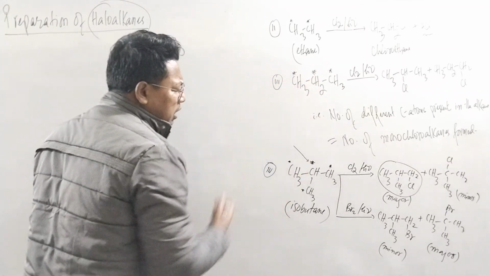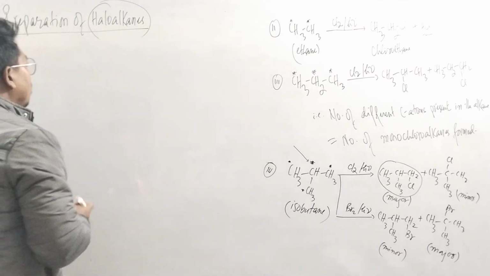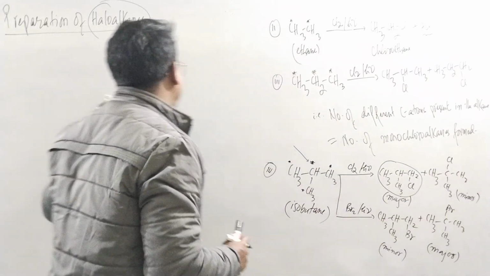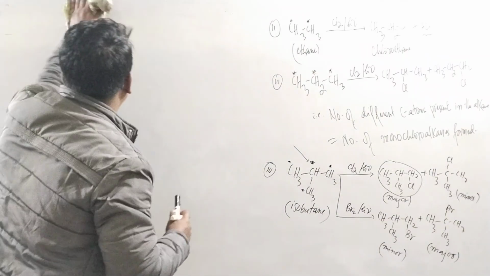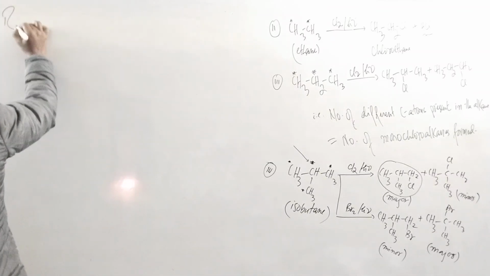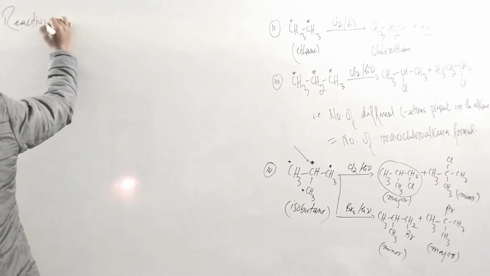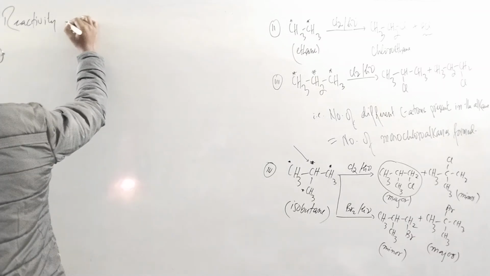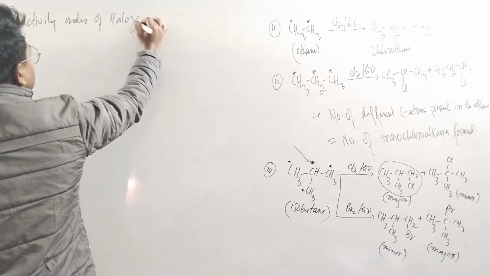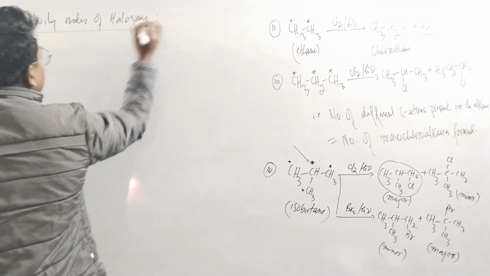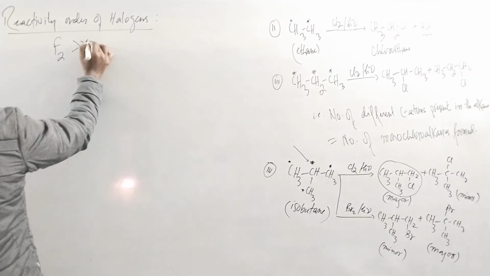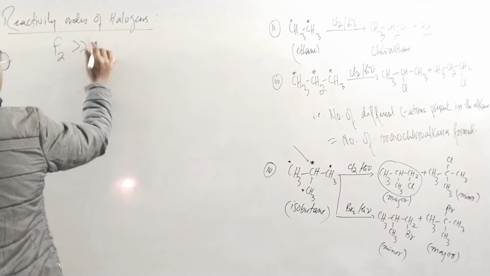So here reactivity of hydrogen, because hydrogen is being substituted in this reaction, so it is good to know the reactivity of different hydrogen atoms, reactivity of halogens. Okay, so note down this reactivity order of halogens for this particular reaction. Fluorine is very reactive, which cannot be controlled actually.